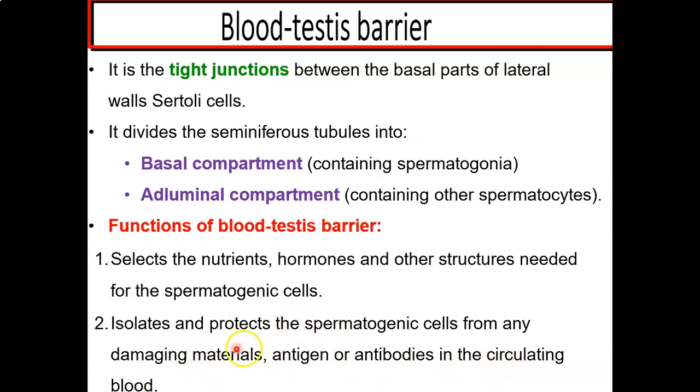So if a human is infected by a virus or any injurious microorganism that damages the tight junctions of the blood-testis barrier, it will expose the spermatogenic cells to the immune system, and the immune system will form antibodies that attack the spermatogenic cells, and this may lead in the future to infertility. Take care of this medical application, please.